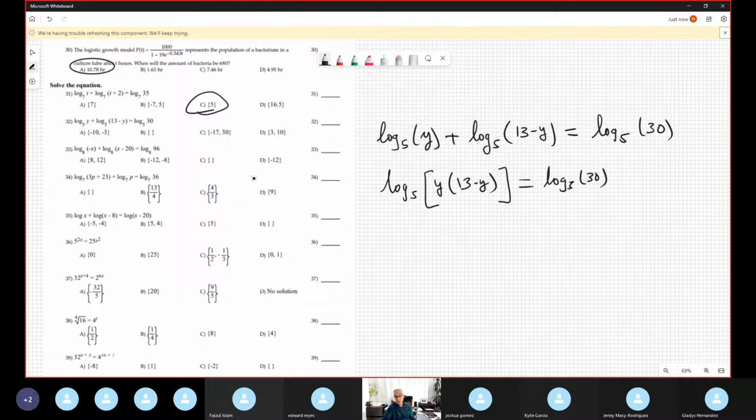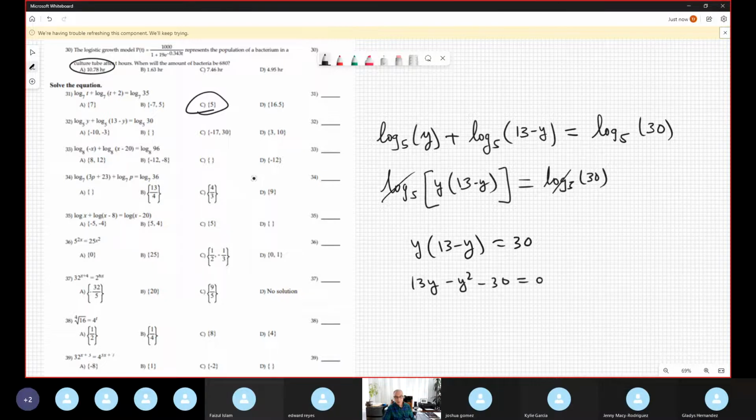Now I know that this part is cancelled. So y times 13 minus y. Unbelievable. Now we get the equation that has no logarithm. Okay, this is a quadratic equation. It's 13y minus y squared minus 30 equal to 0.